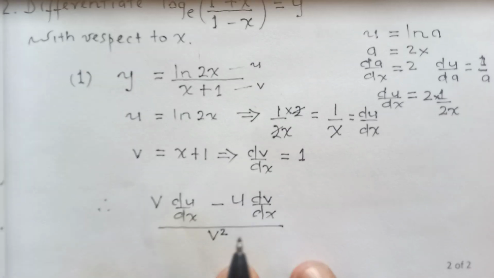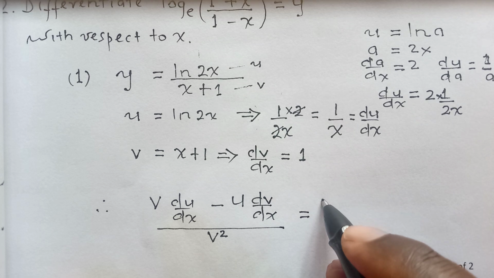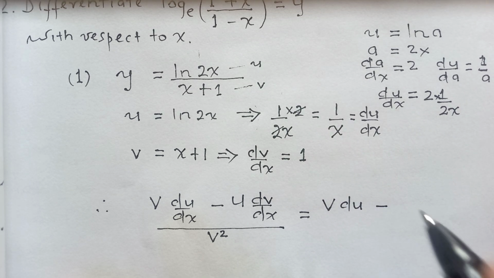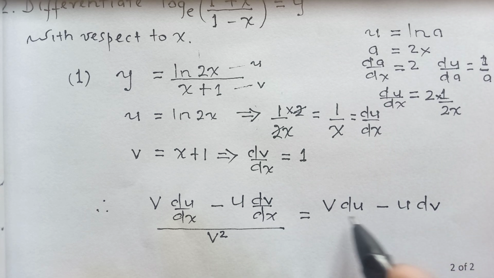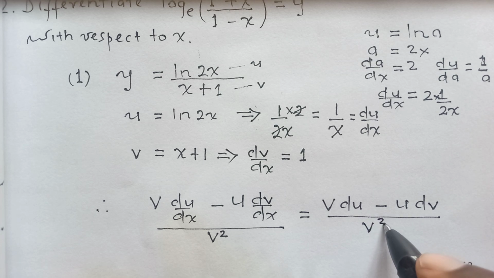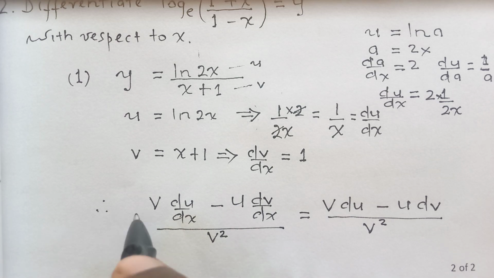Or in short, we can write it like this: v du minus u dv all over v squared. That is also another way of writing it. So finally, guys, this is what we shall have.